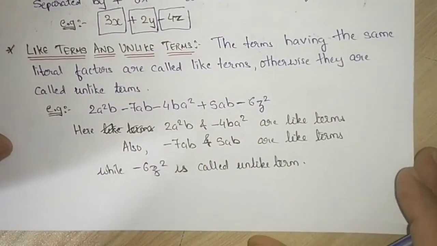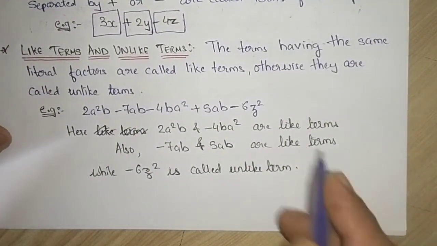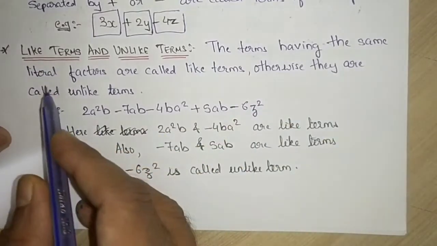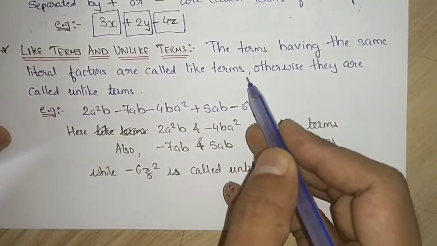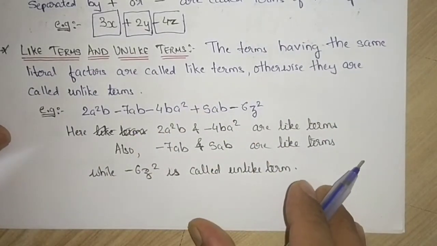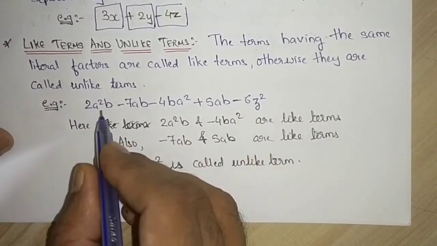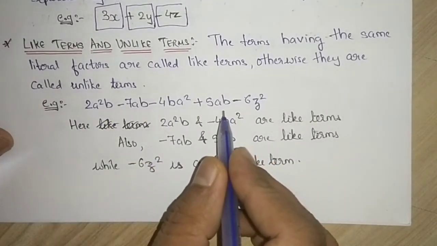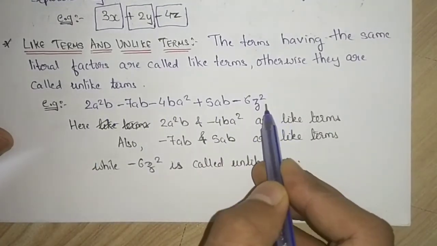Now coming to like terms and unlike terms. Students, the terms having the same literal factors are called like terms, otherwise they are called unlike terms. You can understand better with this example. You can see I have given the example. Here there are 1, 2, 3, 4 and 5 terms.